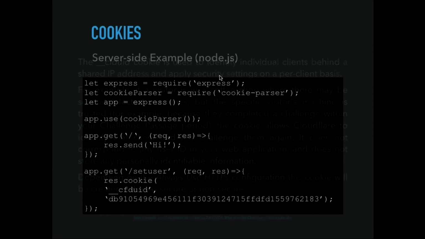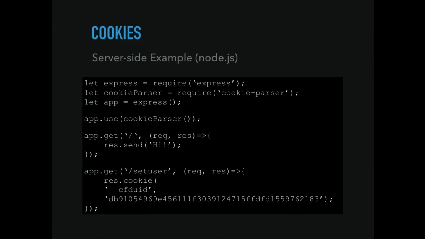So looking at the server side, just a really simple example in Node, using Express and then using cookie parser, which just simplifies it even more. We've got 2 routes that I've put in here. The first is just kind of hello worldy, right? A root route. So if we get a request to the /, then we're sending back hi. That has nothing to do with the cookie.